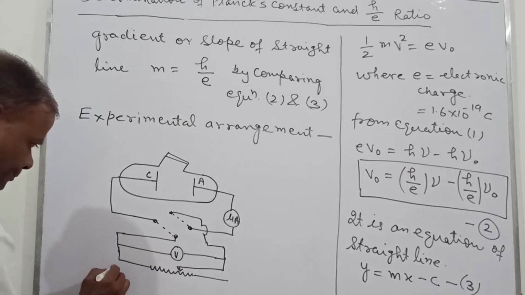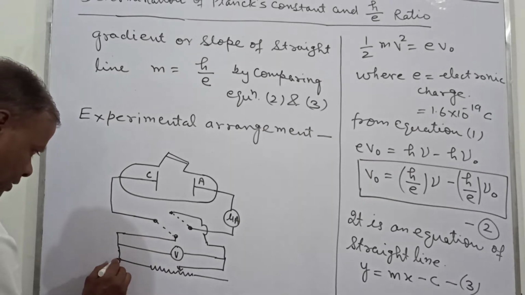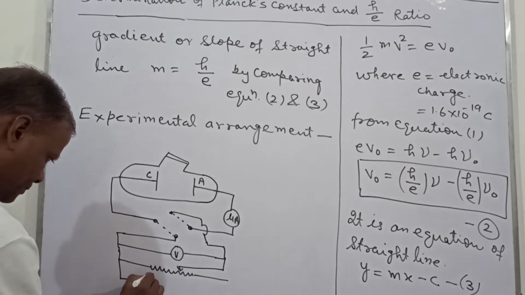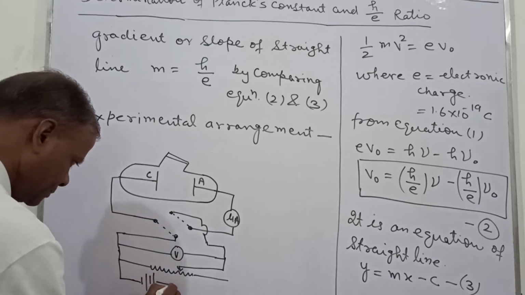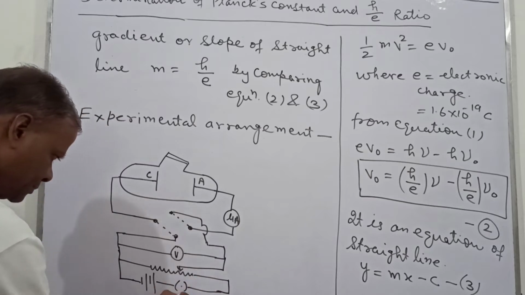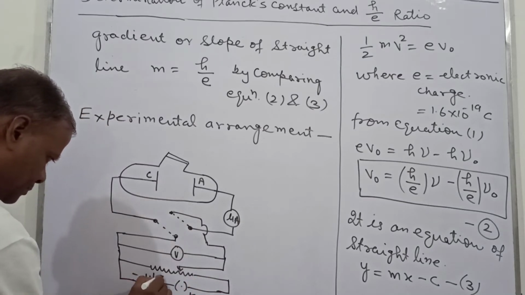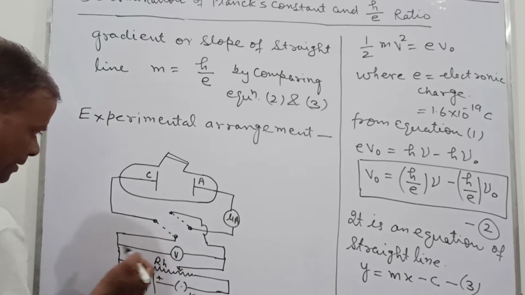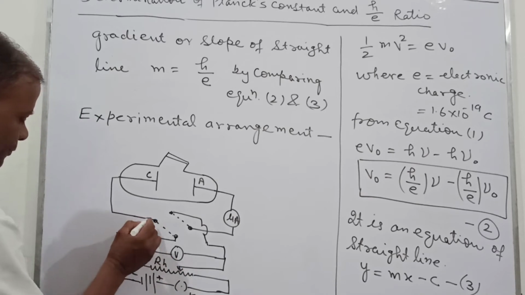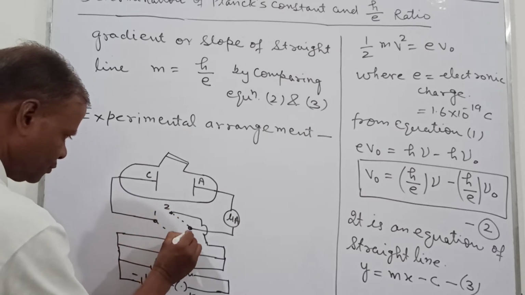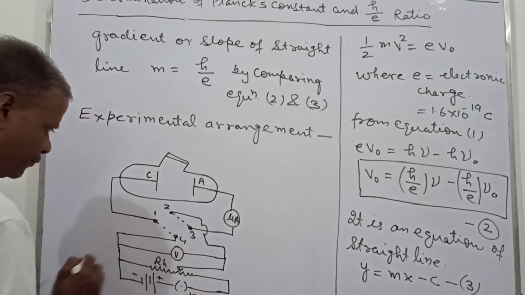And then we are coming to this as a negative. This is now rheostat RH. This is voltmeter. This is commutator. This is now suppose 1, 2, 3 and 4.